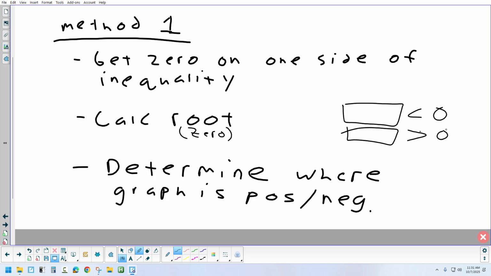Do they want to know where you're greater than 0, which means positive? Or do they want to know where you're less than 0, which would mean you're looking at negatives? We just have to figure out which, and it depends on what they give you in the question.